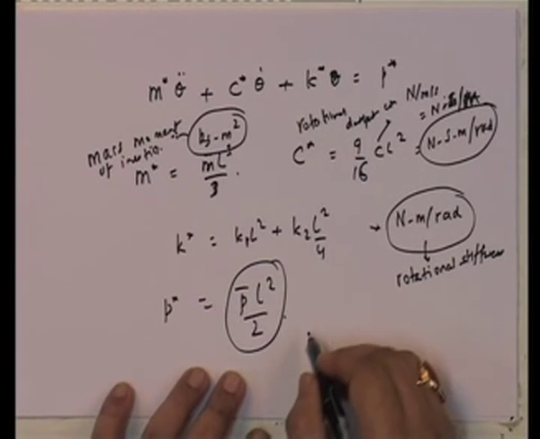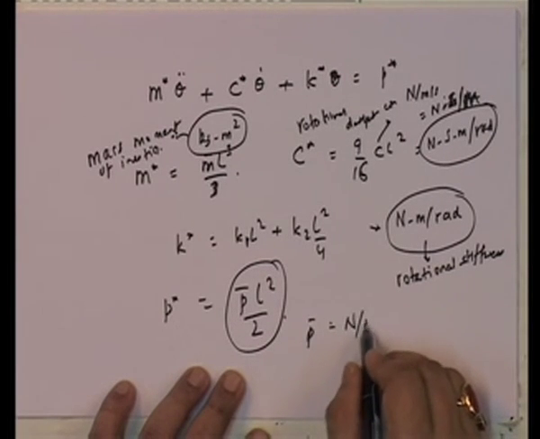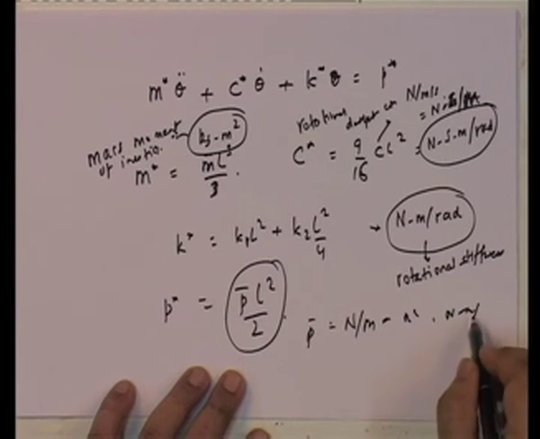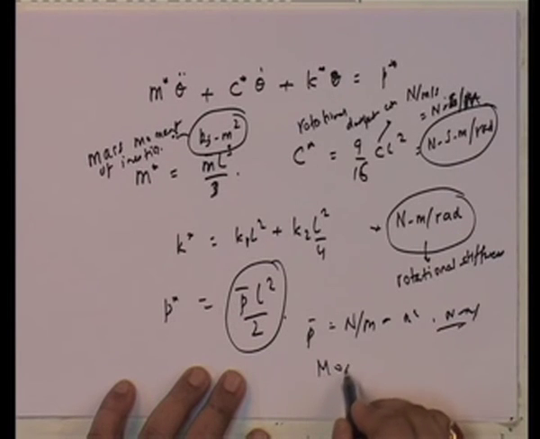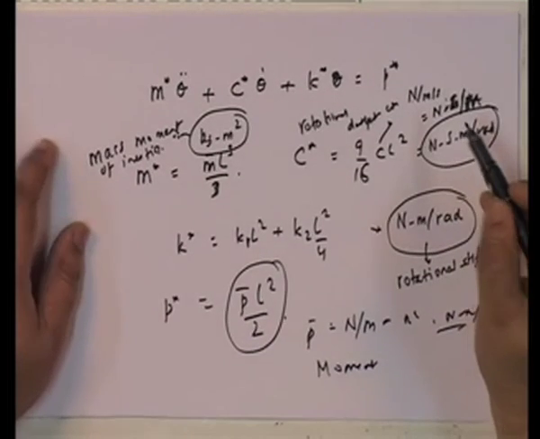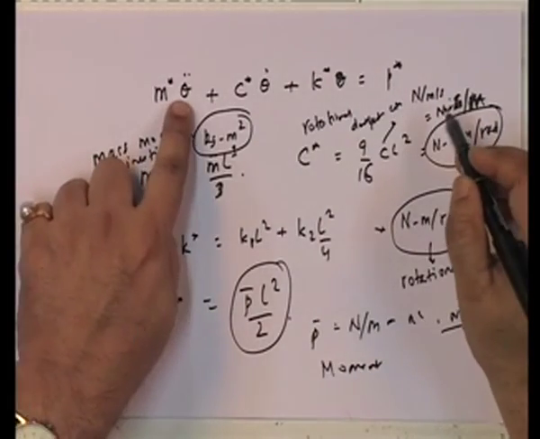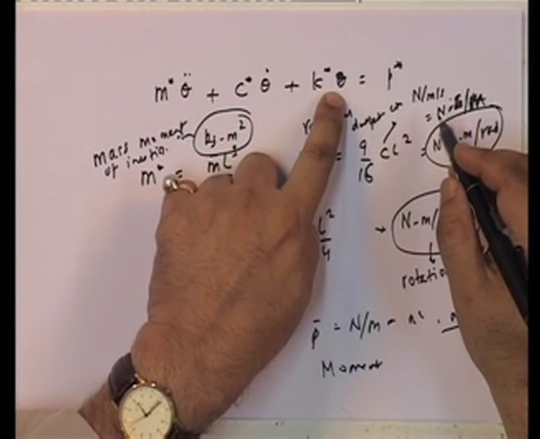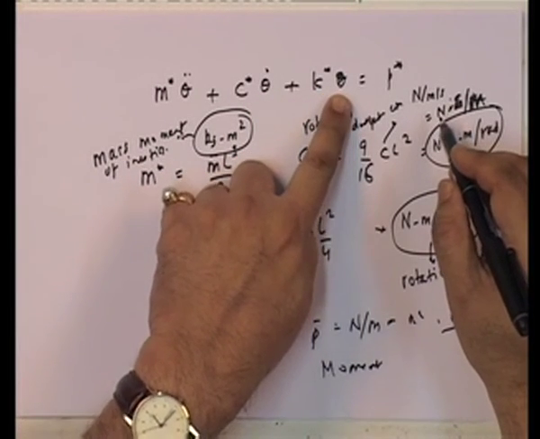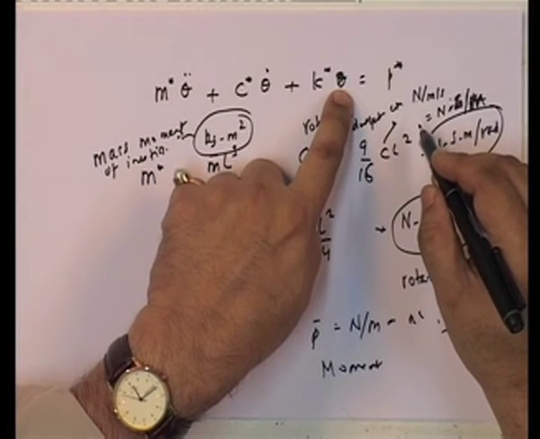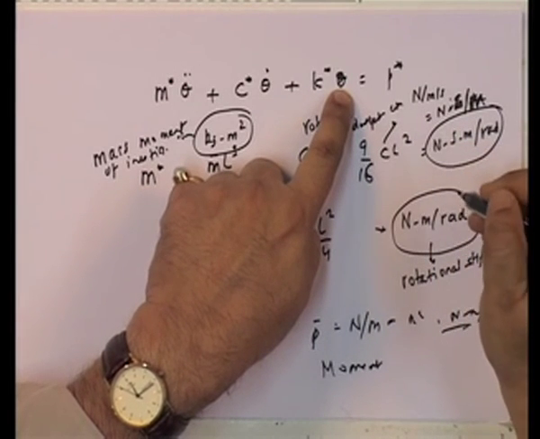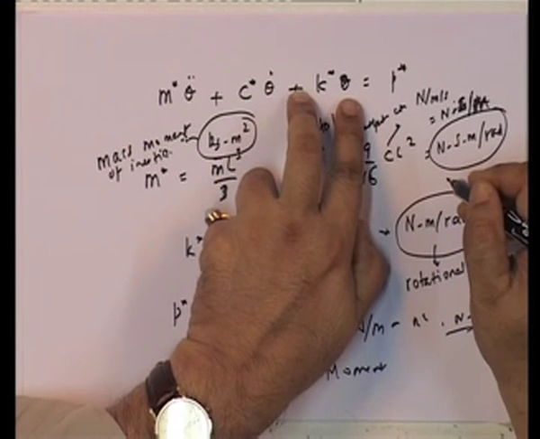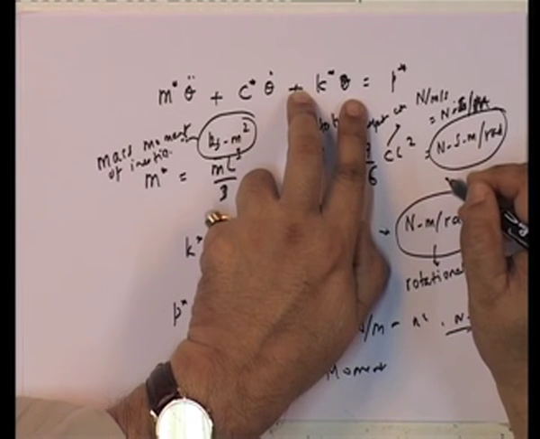And let us look at this load. What is this load? P bar is Newton per meter into meter squared is Newton meter. Well, this is again Newton meter. What is Newton meter? Moment. Let us look at this equation. What should this equation look like? Angular acceleration, angular velocity, angular displacement. So, rotational stiffness into angular displacement is the spring moment.